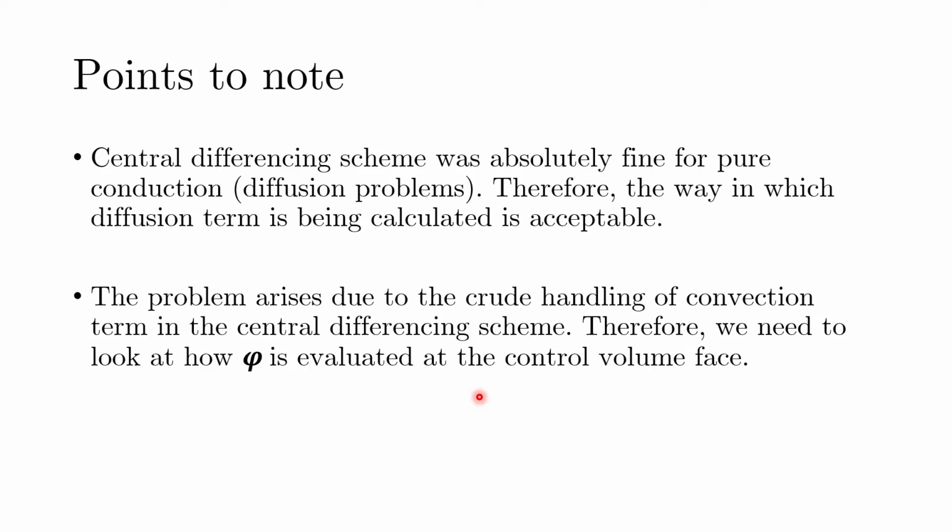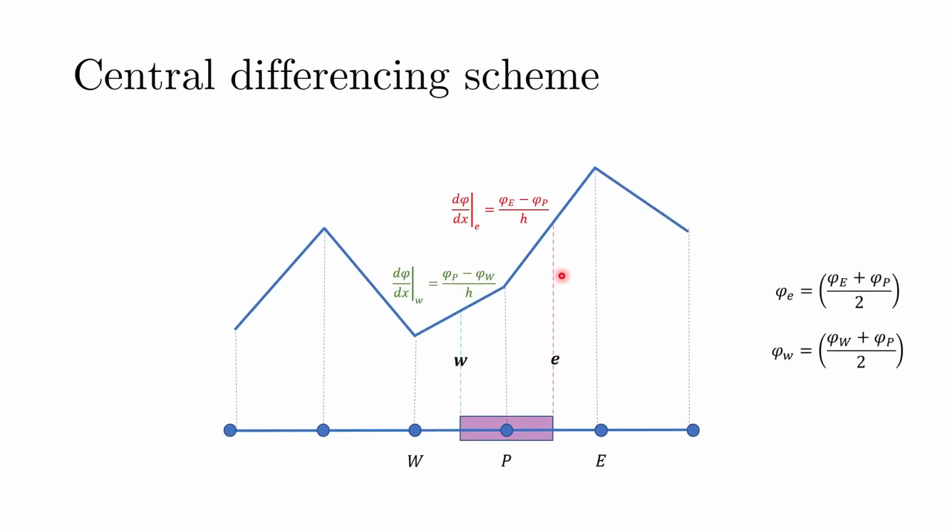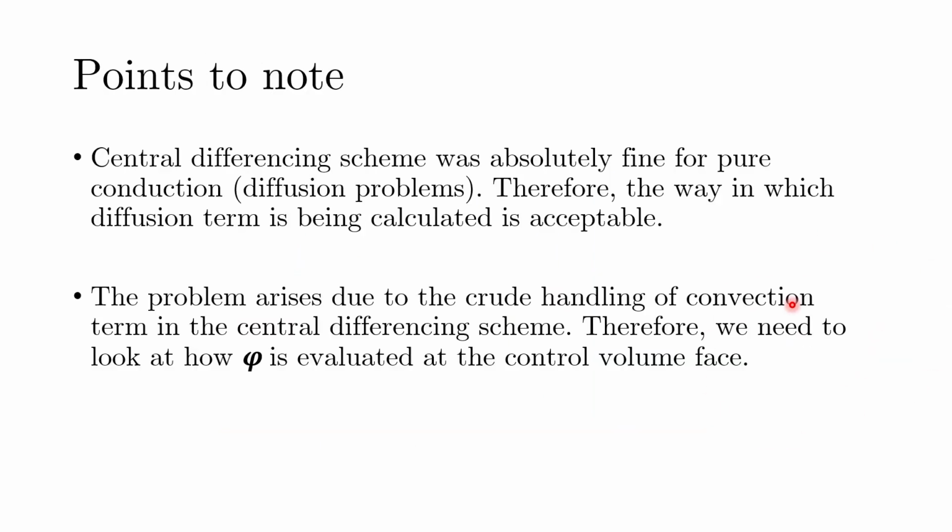In that case, we actually need to understand how we can evaluate phi at the control volume faces. Just to go back, we see that the diffusion terms need the gradients of phi, whereas the convection terms need the absolute value of phi at the control volume faces. Therefore, in order to understand how to overcome this convection problem, we have to understand how to evaluate phi itself.